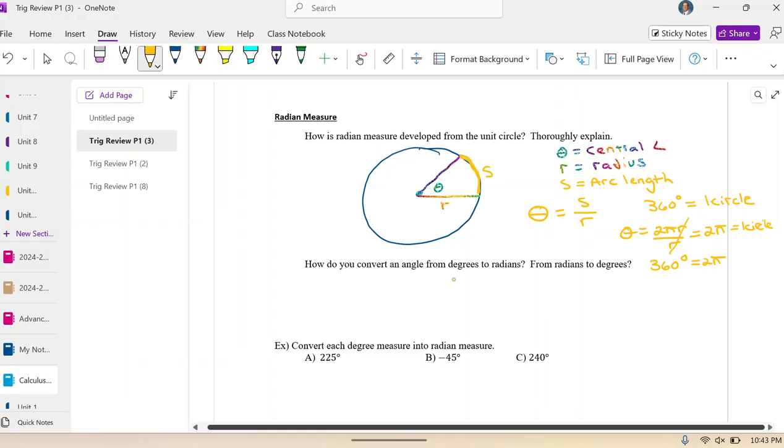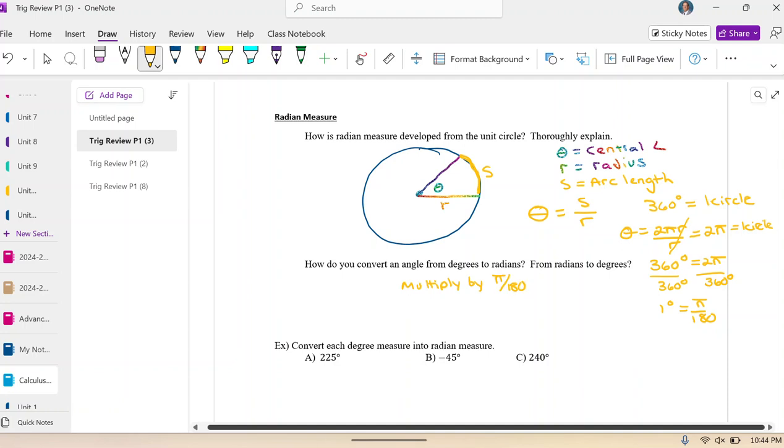So if you wanted to convert an angle from degrees to radians, if you divide by 360, that means 1 degree is equal to pi over 180 in radians. So to convert from degrees to radians, you multiply by pi over 180.